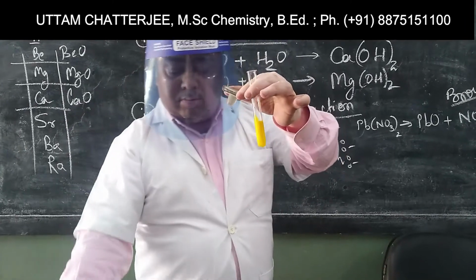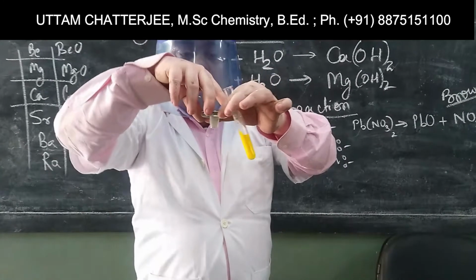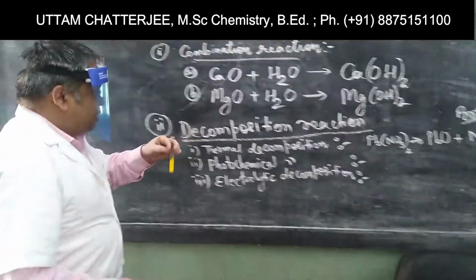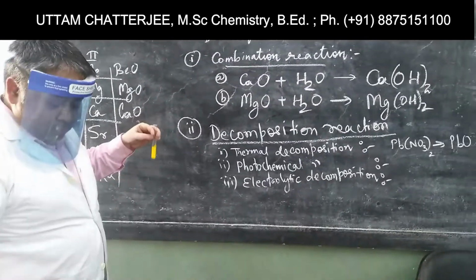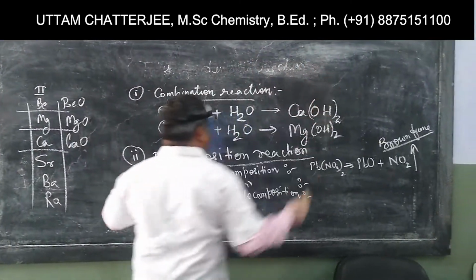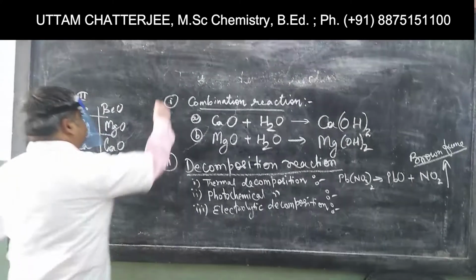It is forming yellow color. That means what type of reaction am I trying to show you now? I am trying to show you double displacement reaction. Reaction number 3.